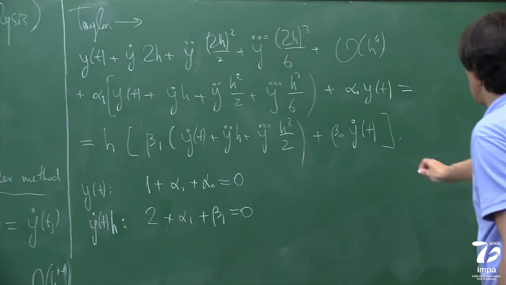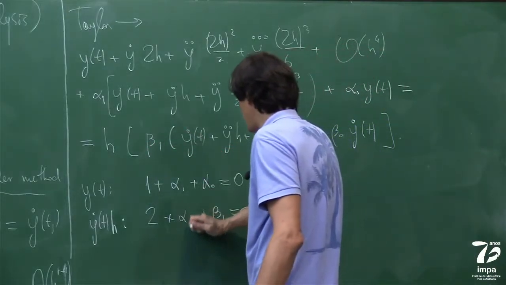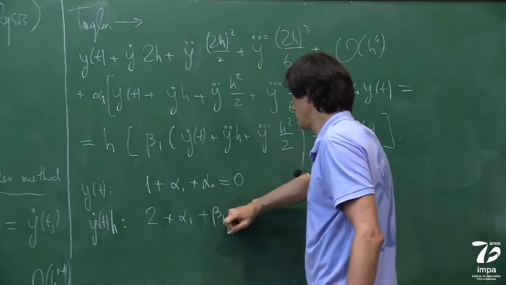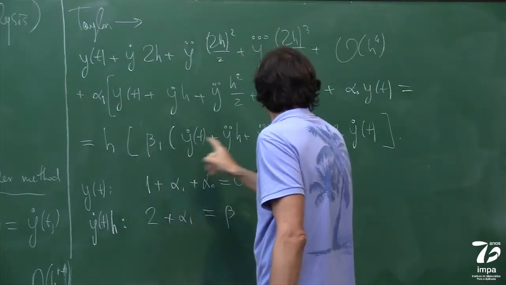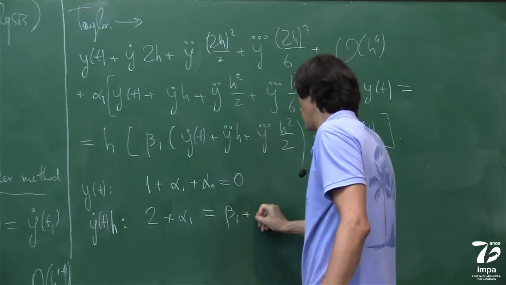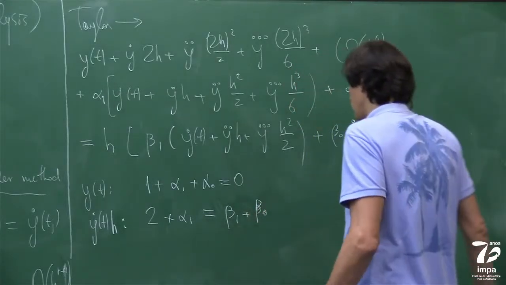First of all, it's on the other side, so it's minus, right? So let's write it as it is: equal to beta 1 here and beta 0 there. That's correct.